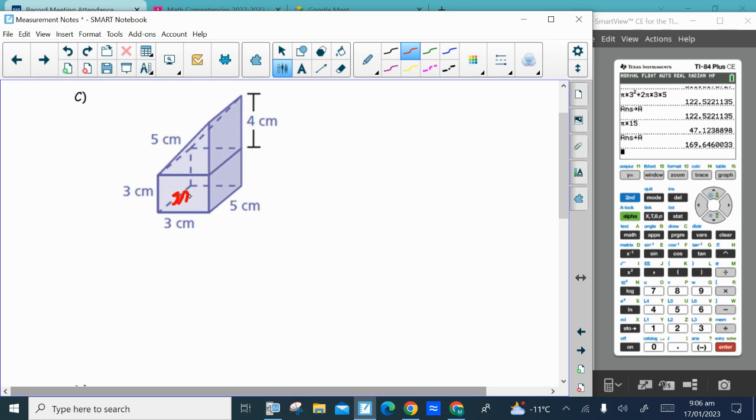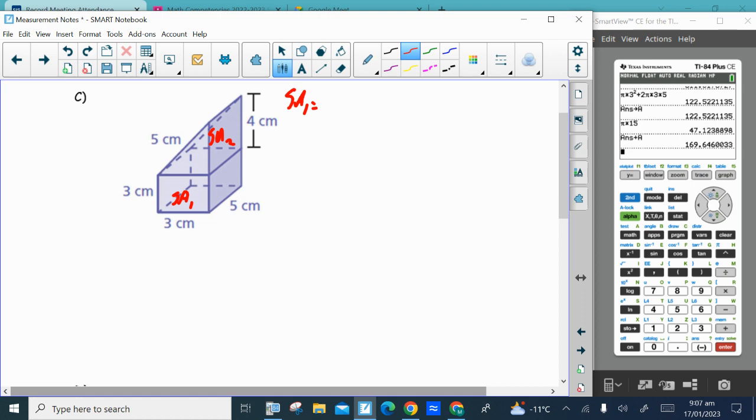I'll put surface area 1 on the bottom, and then surface area 2 on the top. So remember, you cannot see where the two shapes are connected. You cannot see the top of the box, nor can you see the bottom of the triangular prism. Can't see them. So you're not going to include them in the surface area.